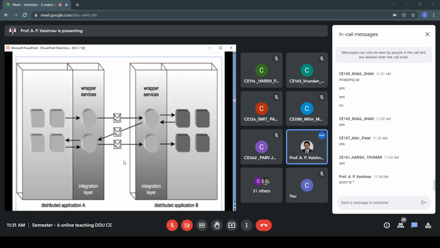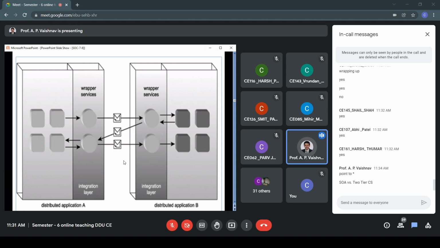Okay, so let us summarize how many architectures we have compared up till now. SOA versus two-tier client server. What is the basic difference in two tier? In two tier, we are having client side and database server, while in SOA, we are having the logic properly distributed in services. The second is SOA versus distributed architecture.